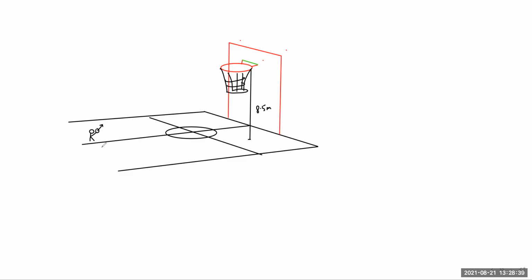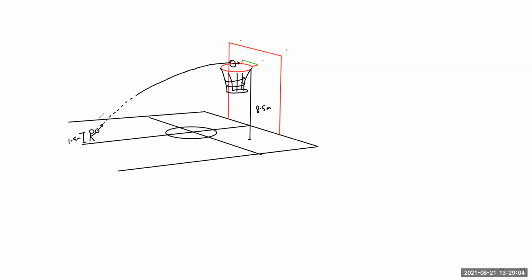So he's throwing the ball. And his height is 1.5 meter. So the question is, at what velocity must he throw such that it exactly reaches the basket horizontally?